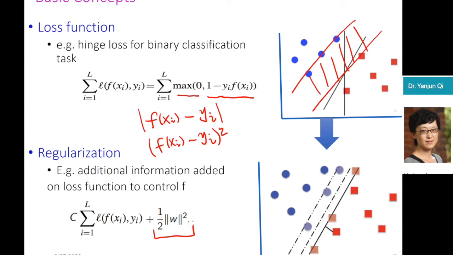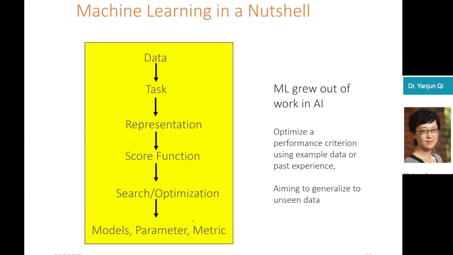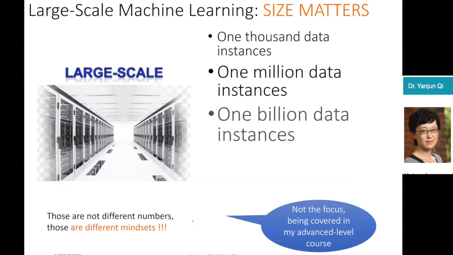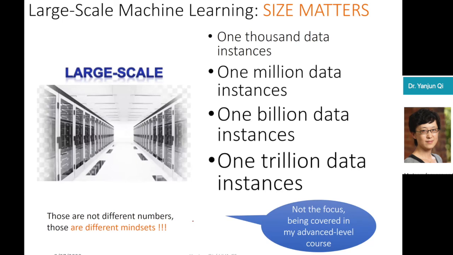All right, so now we go to search. The search is actually very interesting and there are many things involved, but I will cover mostly just gradient descent. The reason why we cover gradient descent is, in the end, this large scale consideration.